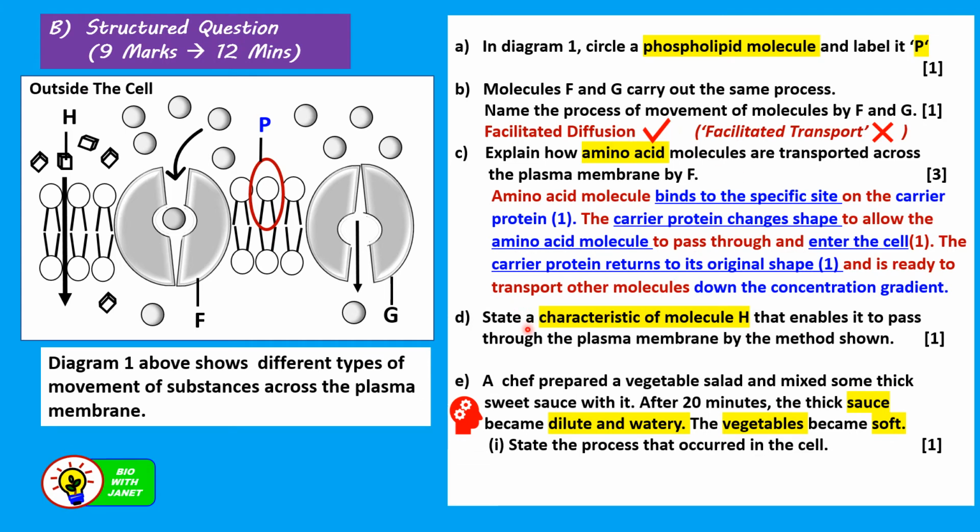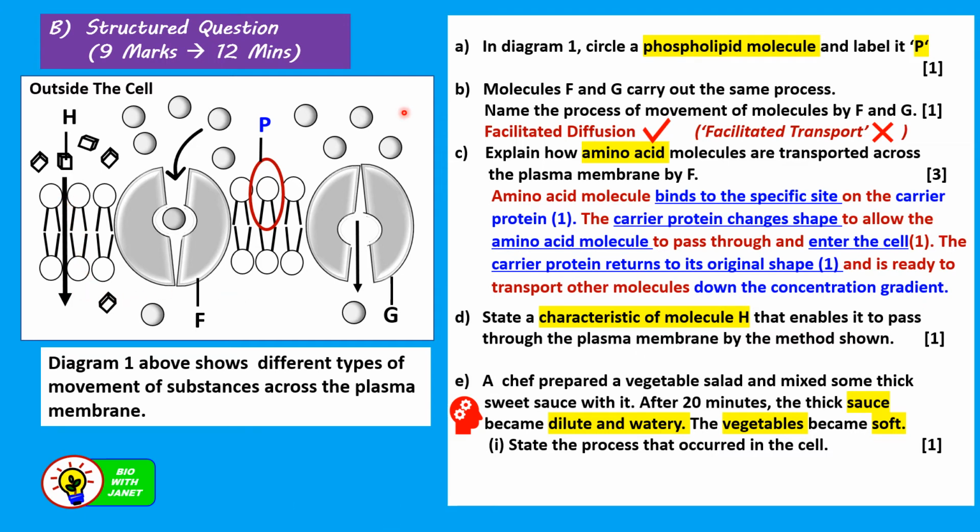Okay, next, D. State a characteristic of molecule H. Molecule H here, that enables it to pass through the plasma membrane by the method shown. That means through the phospholipid bilayer, through the pores found in the phospholipid bilayer.